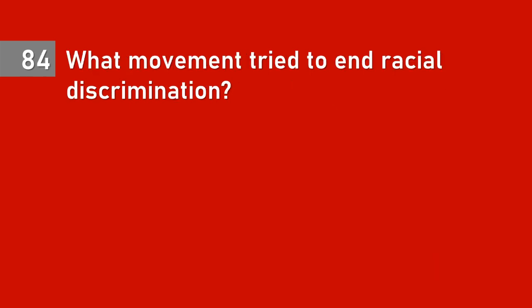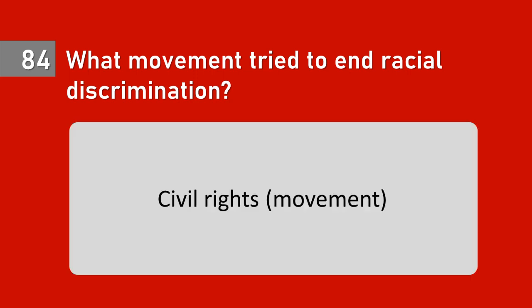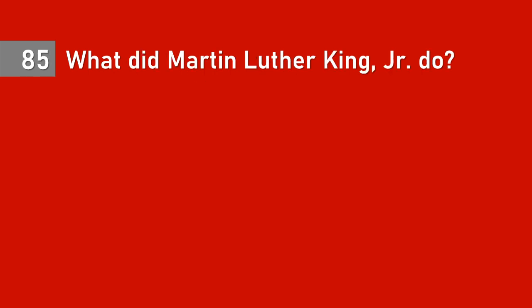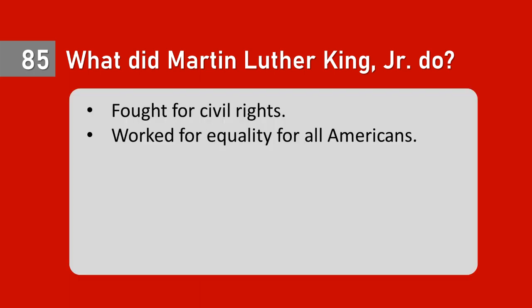Communism. Question 84. What movement tried to end racial discrimination? Civil rights movement. Question 85. What did Martin Luther King Jr. do? Fought for civil rights. Worked for equality for all Americans.